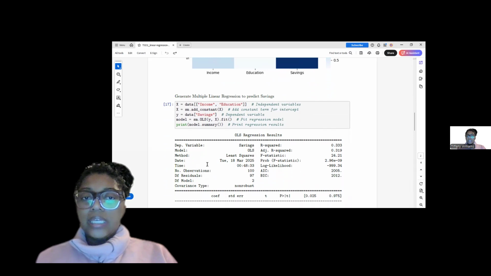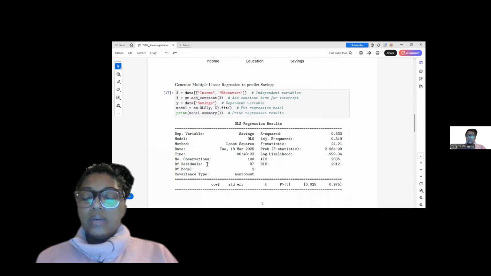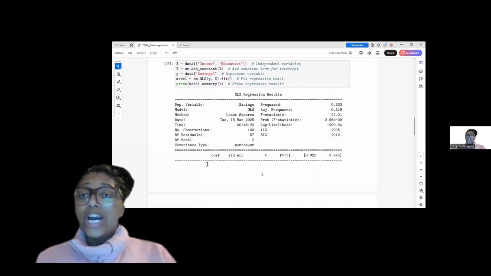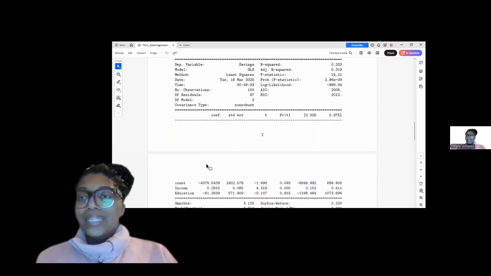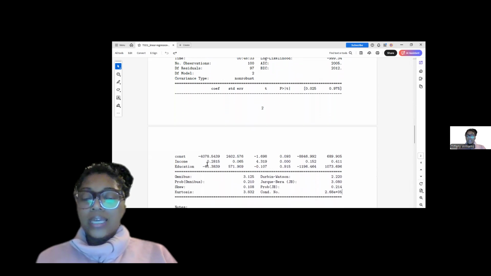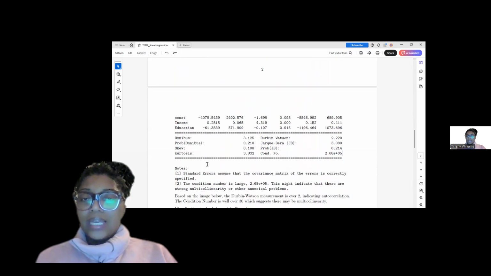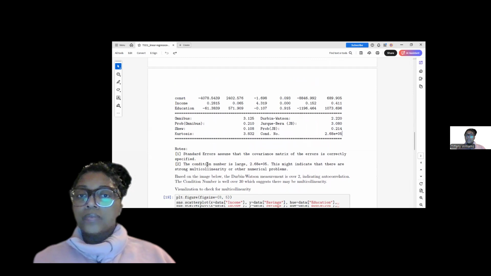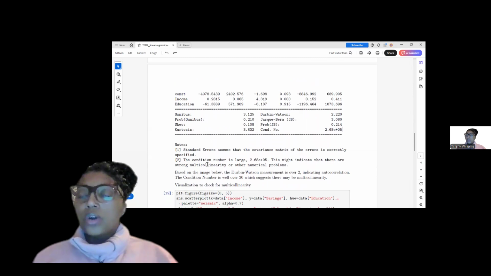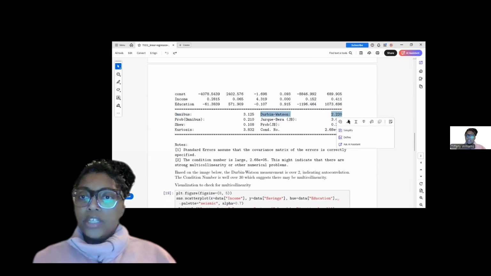As you can see, the OLS regression results have a ton of data, some great data. However, for the sake of the example, we're going to look at those that relate to autocorrelation and multicollinearity. To determine autocorrelation, we will first look at the Durbin-Watson measurement.